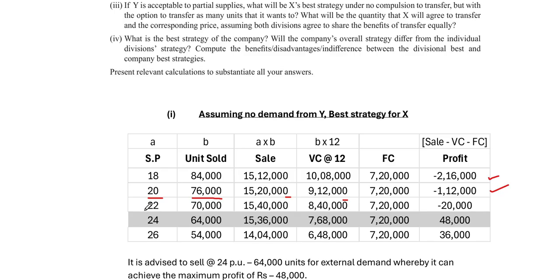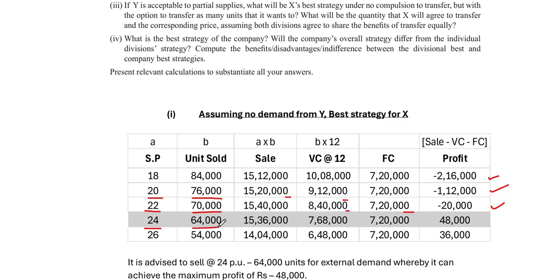For the third case, 22 is the selling price. Units sold is 70,000. Sales will be 22 into 70,000, 15 lakh 40,000. Variable cost 70,000 into 12, 8 lakh 40,000. Fixed cost 7 lakh 20,000, and our overall loss will be 20,000. For the fourth scenario, 24 is the selling price.